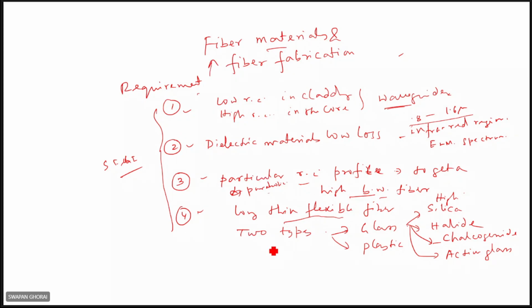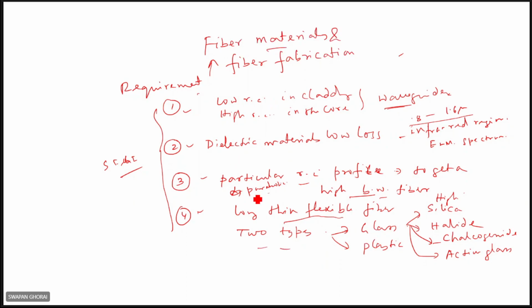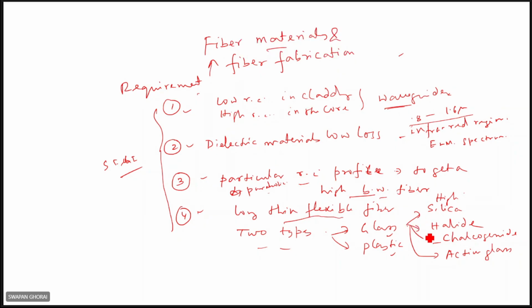Now, what are the materials? There are two kinds of materials that can satisfy these requirements: one is glass, and the other is plastic. Glass again can be of different types: it can be high silica glass, halide glass, heavy metal fluoride glass, chalcogenide glass, or active glass.